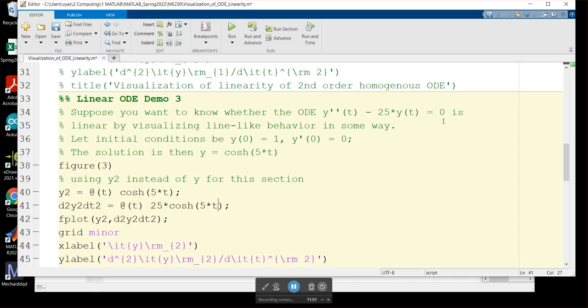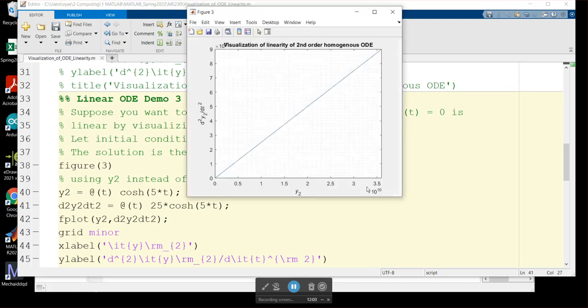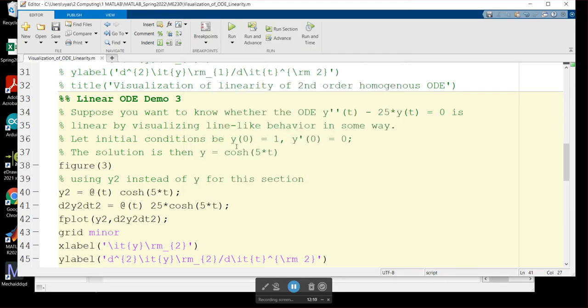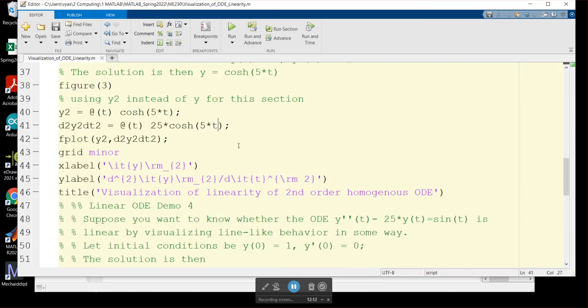What would happen when you plot that? You get a line passing through the origin with slope of 25. Similarly here, you will get a line passing through the origin when I plot y of t versus y double prime of t. So run, and voila. A line passing through the origin, positive slope of 25. So we have verified that this is a linear ODE as well.